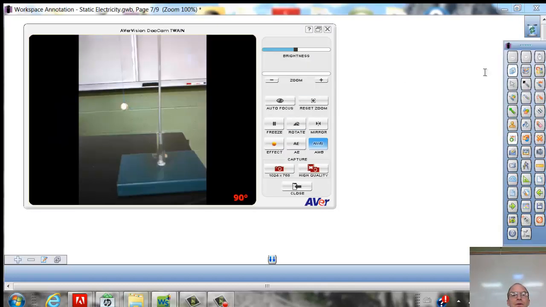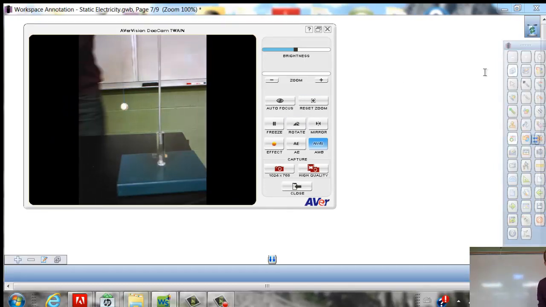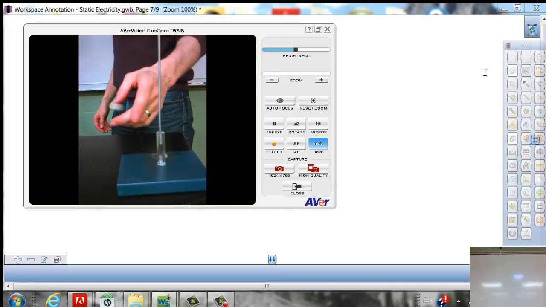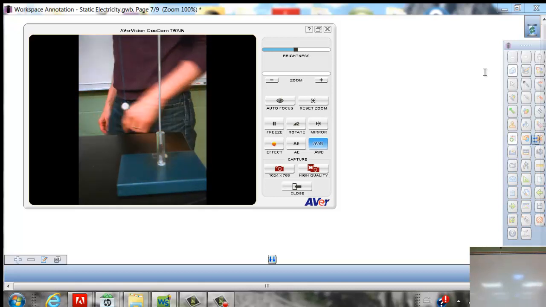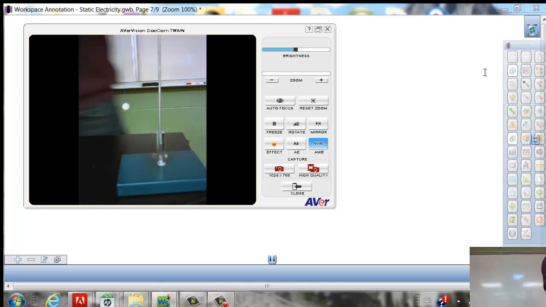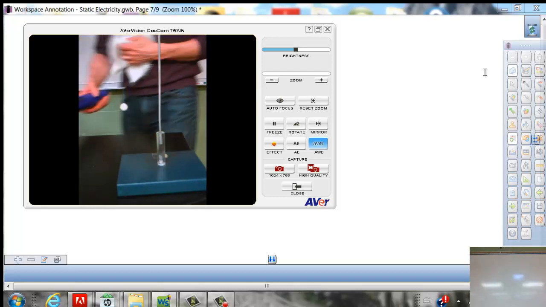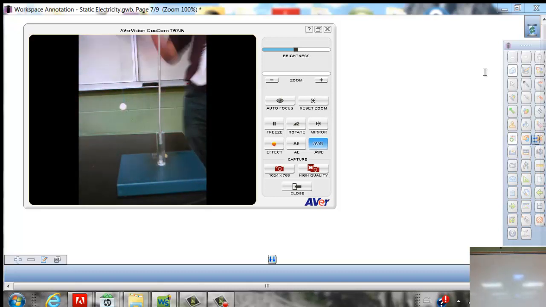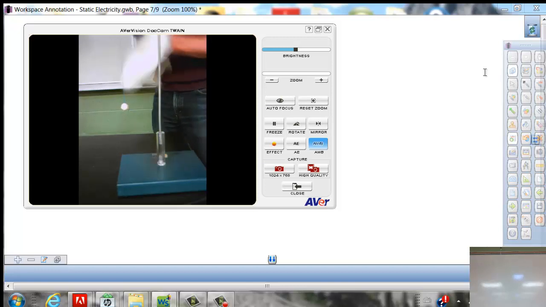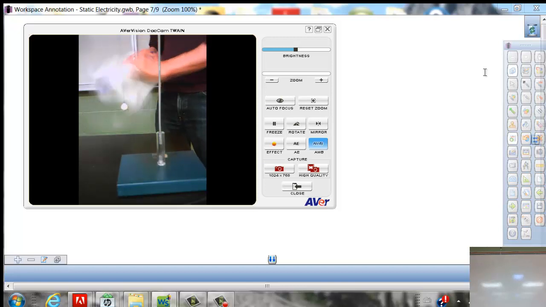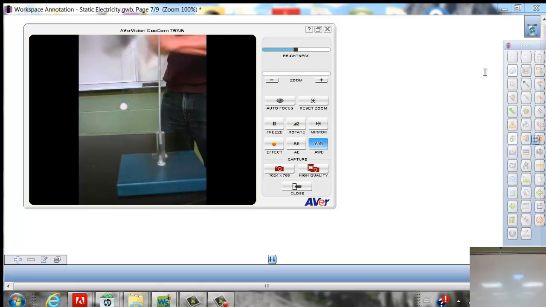This is an example of a pith ball electroscope. It's a little pith ball. An electroscope is a device that can be used to measure electrostatic charge. This is a big plastic tube. You can make noise with it. And this is a piece of fur. What can happen is the fur generally has a weaker hold on its electrons than the plastic.